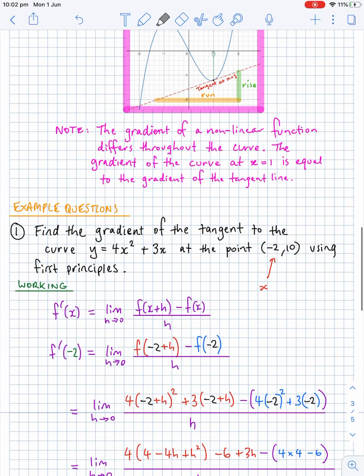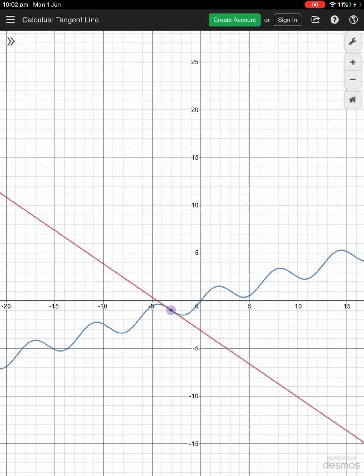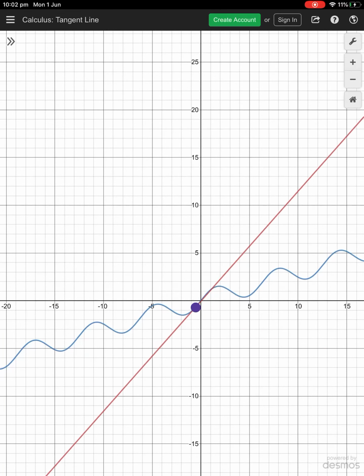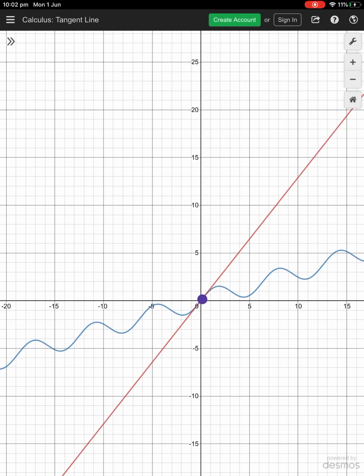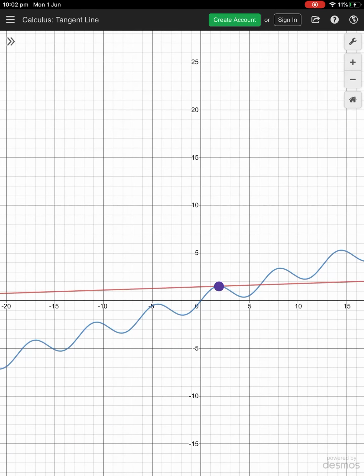so much easier. If I go to Desmos, for example, if you look at this curve, you can see that there's this tangent line at different points, and if I move the point, the tangent line moves as well. At this point right here, the gradient would be positive. It's uphill. If I go all the way up to here, the gradient would be roughly 0.